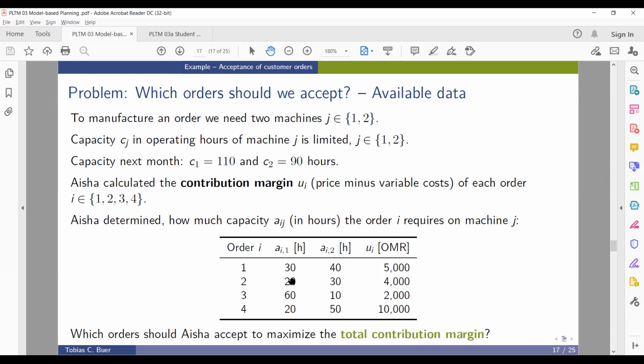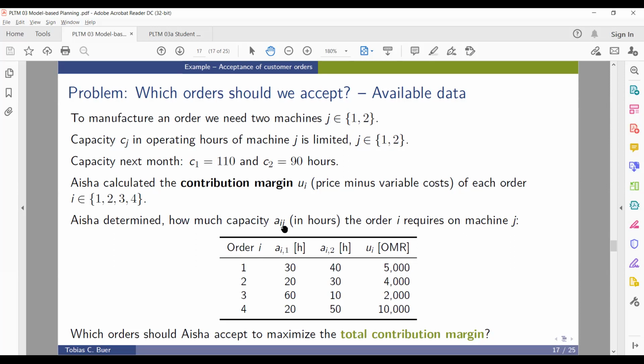Yes, Abdullah, you're right. These 20, this is the number of hours that we need if we manufacture order number 2 on machine number 1. The i in the Aij refers to the order and the j to the machine.